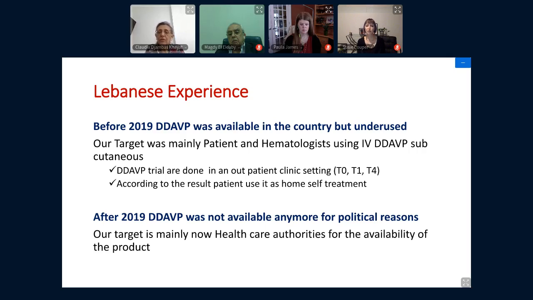And for hematologists, with every meeting we have, with every session on von Willebrand, we stress DDAVP. Now, after 2019, the product is not available anymore in our country for political reasons. And now our target is mainly the healthcare authority, to have access again to this drug in the country.